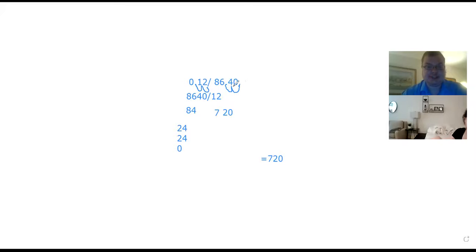Because we multiply by 100, this is how we get 8640 divided by 12. Moving it over twice, so 10 for each place you multiplied by 100. You multiply this by 100, and then this by 100.